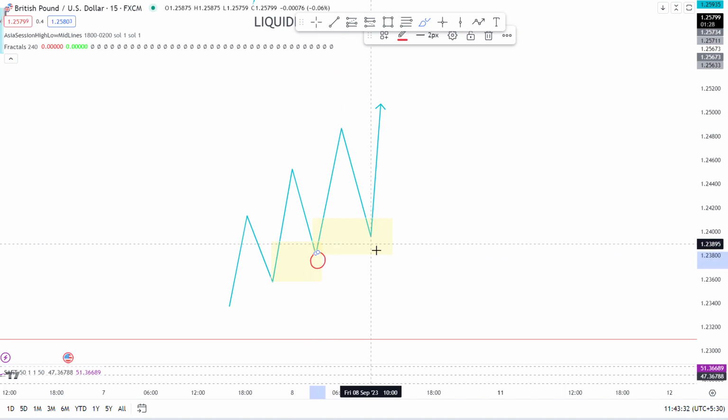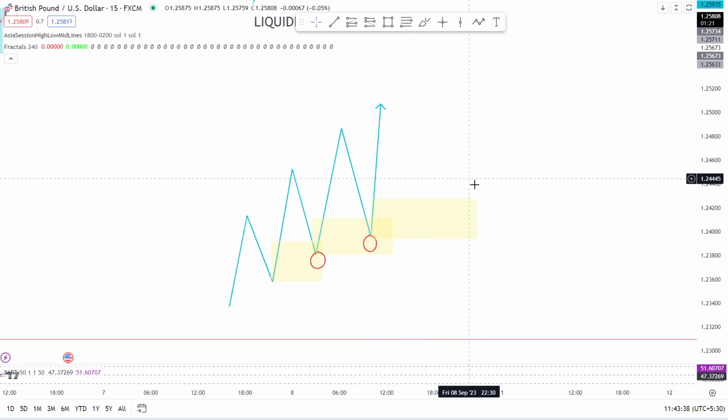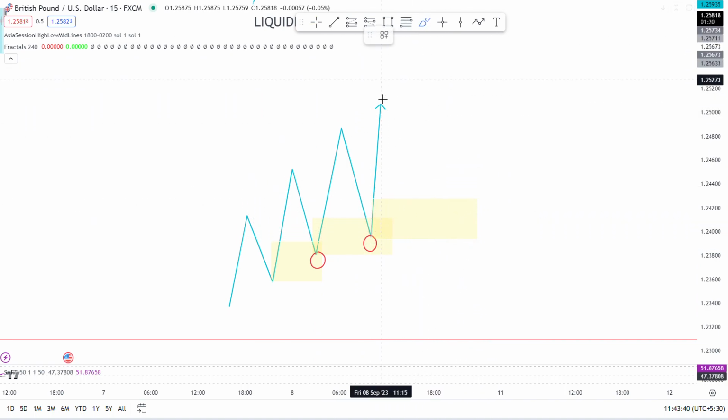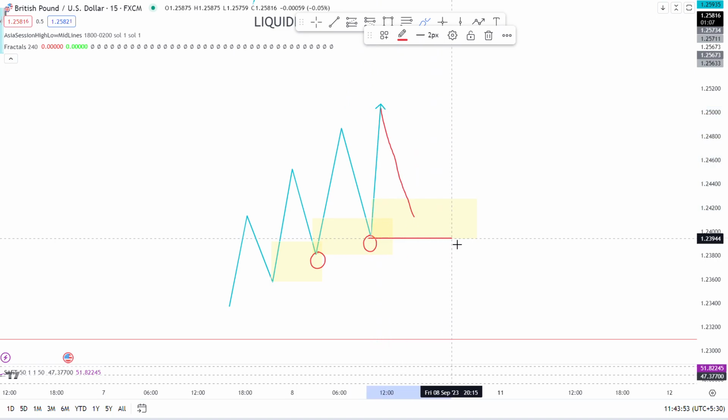So here the market maker should provide the sell orders, and again here also the market maker should provide the sell orders. But if the market maker ran out of liquidity, the market maker needs money to fulfill the orders.